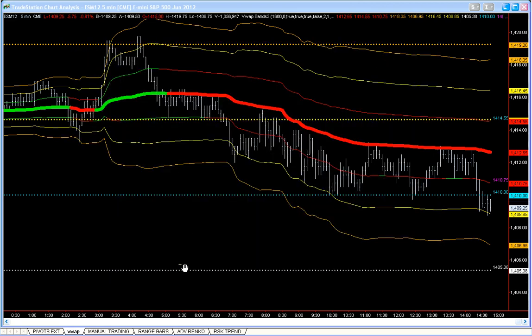We have 5 days back for this 5-minute bar chart, and we find that works reasonably well. Now, the VWAP itself is the larger, thicker red and green line. When the bars are closing above the VWAP, the line is green. If they're closing below the VWAP, it's colored red.